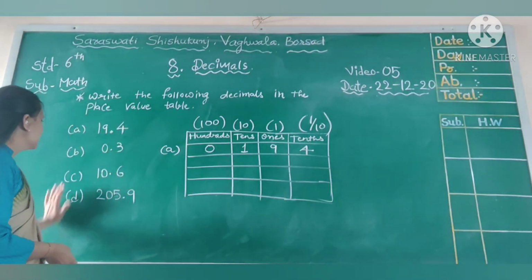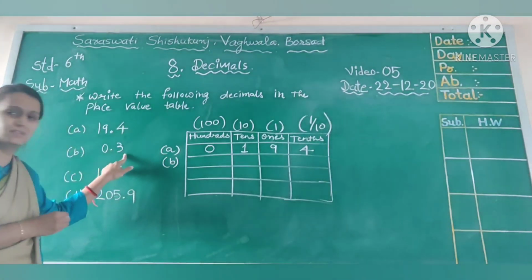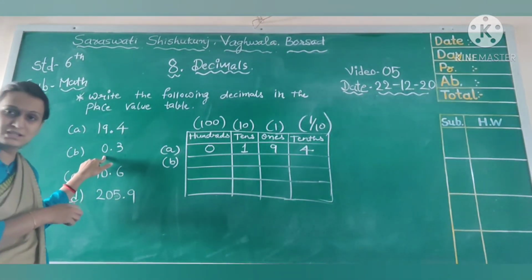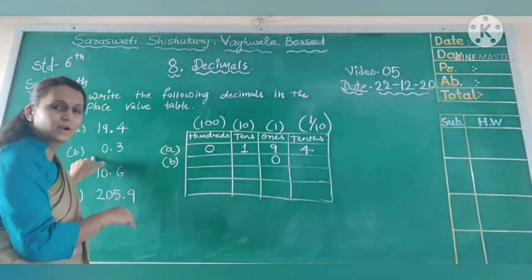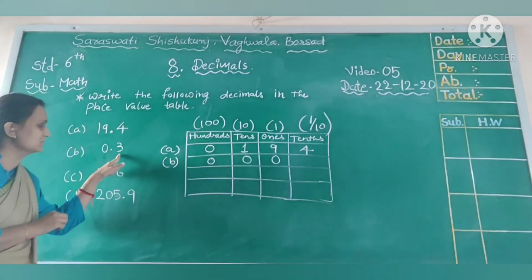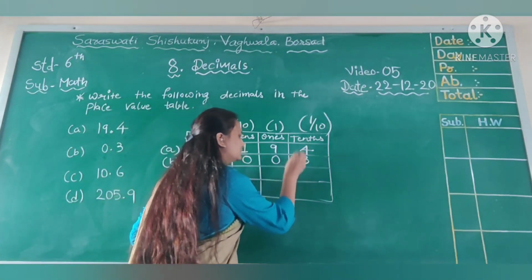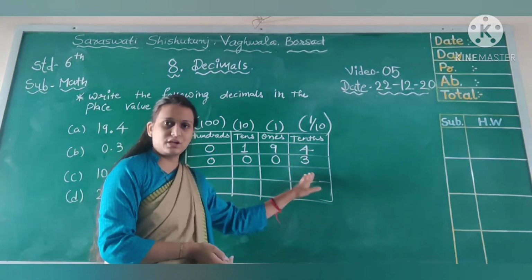Now same way let us define B number. So in B number we have 0.3. Okay. 0.3 means 0 is at ones place. So here 0. There is no tens and hundreds place, so we can write it as 0. After decimal 3 is at 10th place, so 3 is written here. Okay, so this is the whole number 0.3.